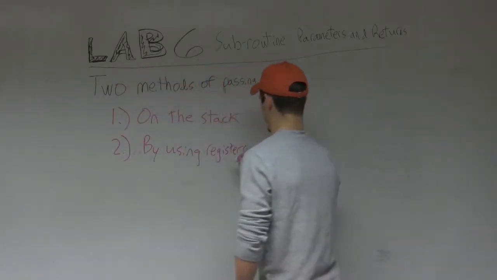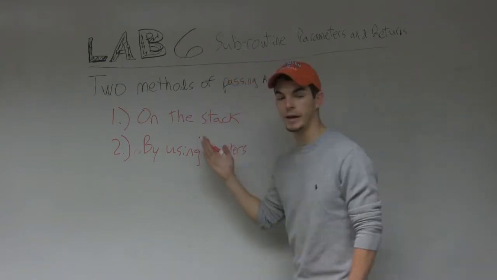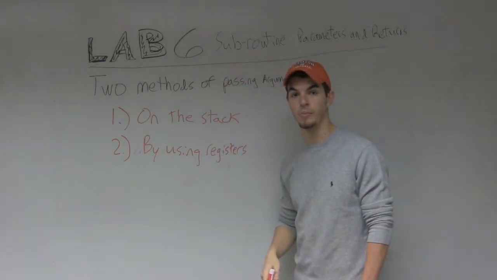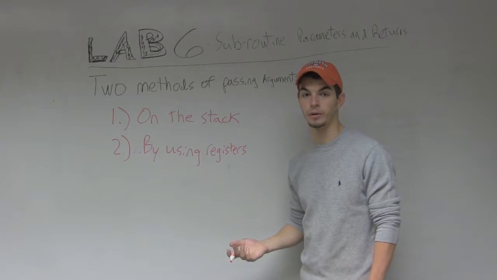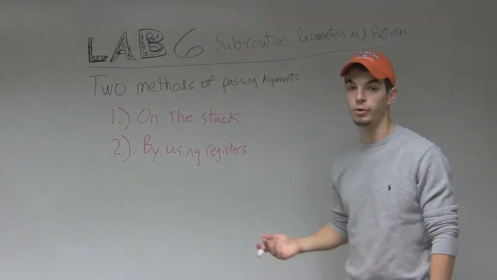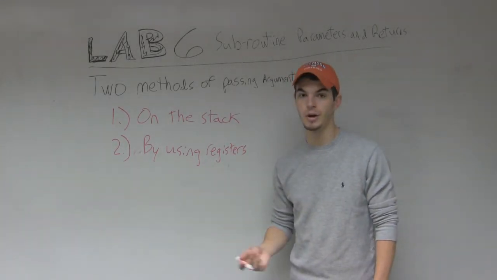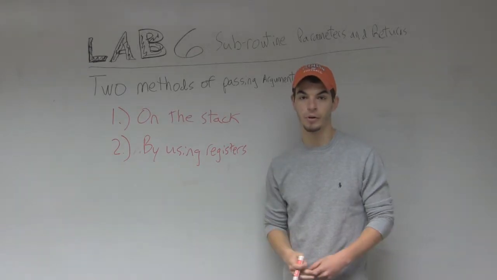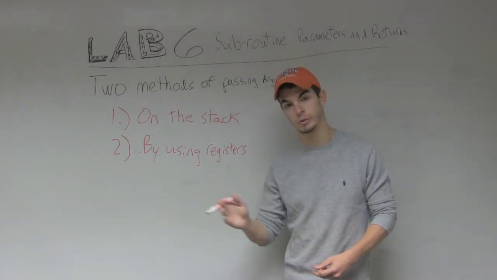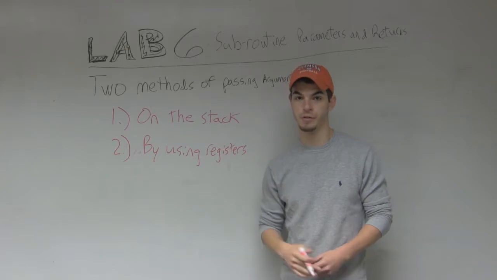Now the method of passing arguments on the stack is the default method by your GCC compiler, but it's far less efficient than using the registers. It's simply used by default, though, because it makes the argument passing algorithm much easier to implement.